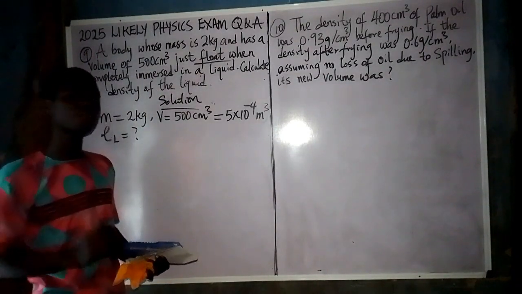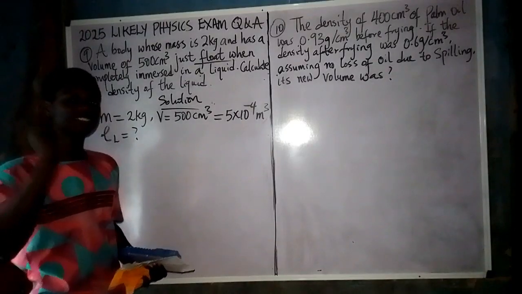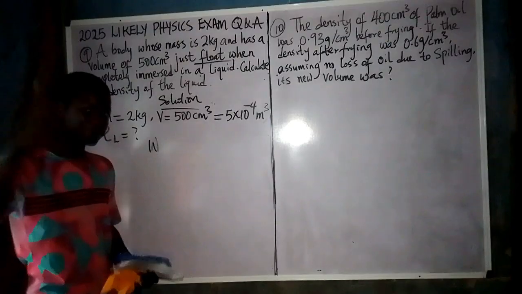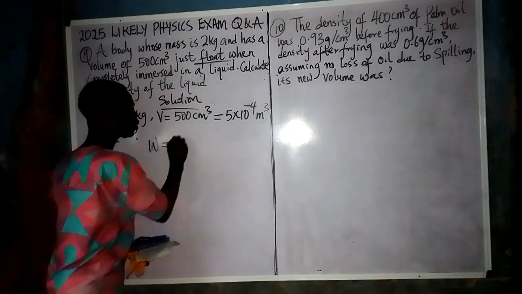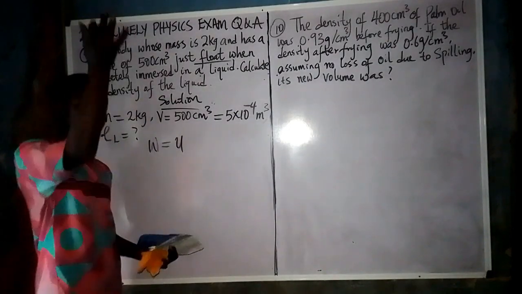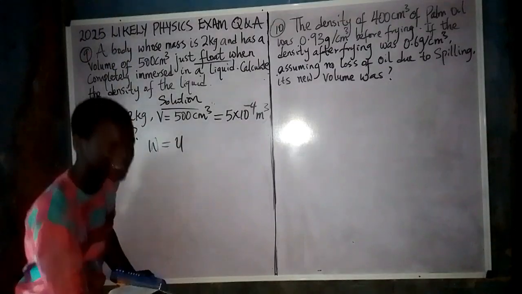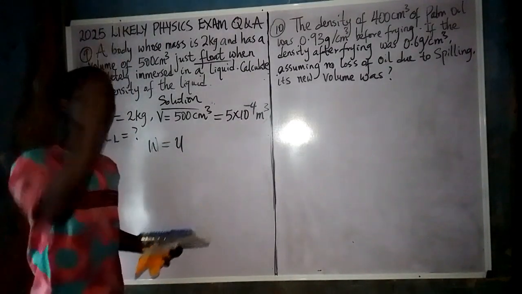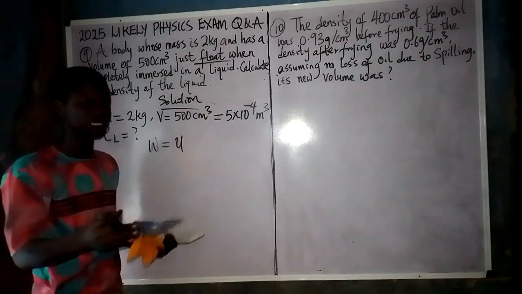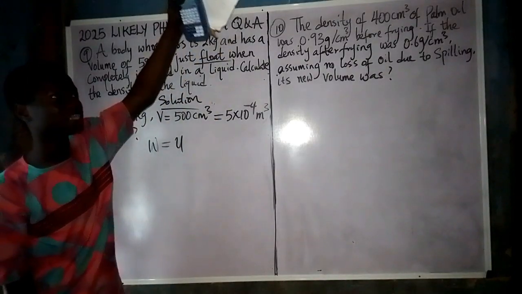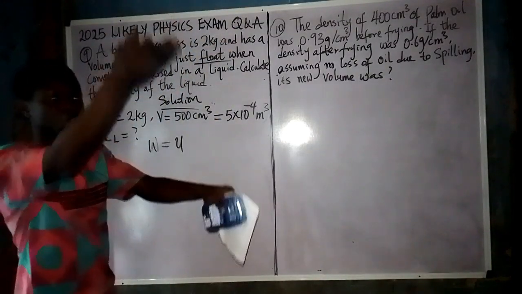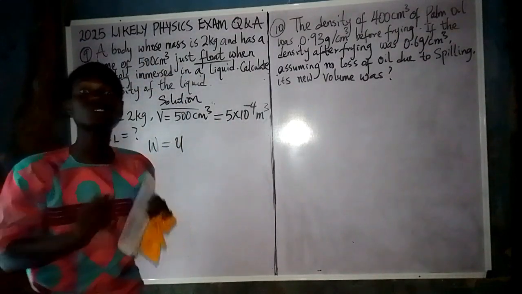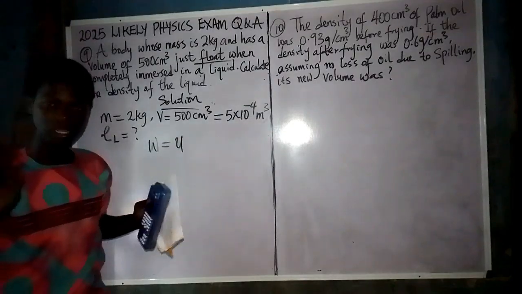Whenever a body begins to float, there is something that is true. The weight of the body that is immersed in the fluid is equals to the upthrust that the body will experience. So the weight of the body that is acting downward while inside the fluid is equals to the upward force called upthrust that acts on the body. When those two forces counterbalance, downward versus upward force, what the body will begin to do is simply float. I hope that is clear.